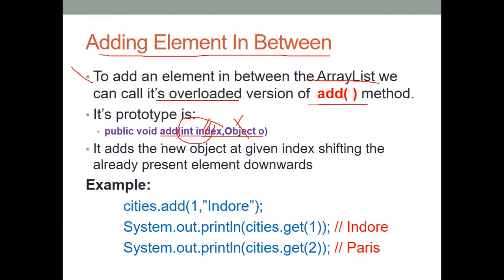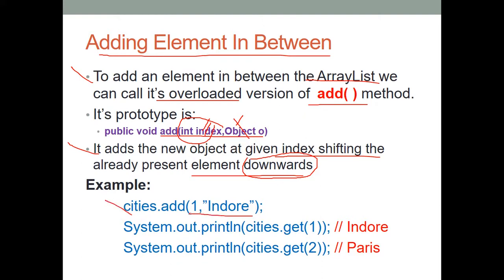Through this add method we can just add the data, we can't replace it. It adds the new object at a given index, shifting the already present elements downwards. I hope it is clear. Whatever elements are already available at this index are going downwards. For example, city.add of Indore.